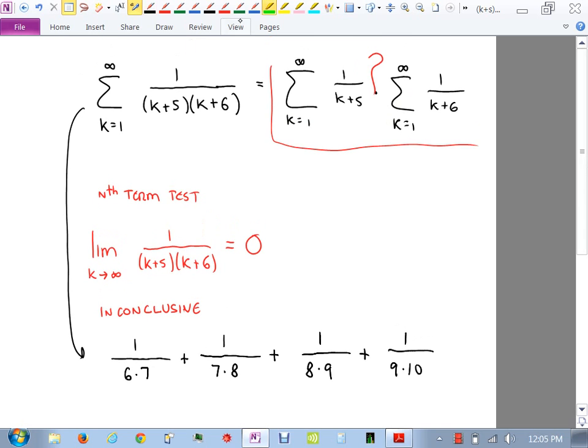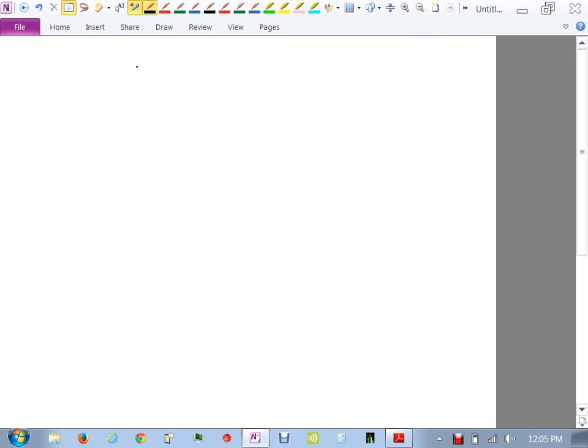Anybody recognize this? Something we did with integrals? Partial fractions. Remember partial fractions? Yes? Let's do partial fractions on that. New page. Let's take 1 over, you thought that would never come back, huh?